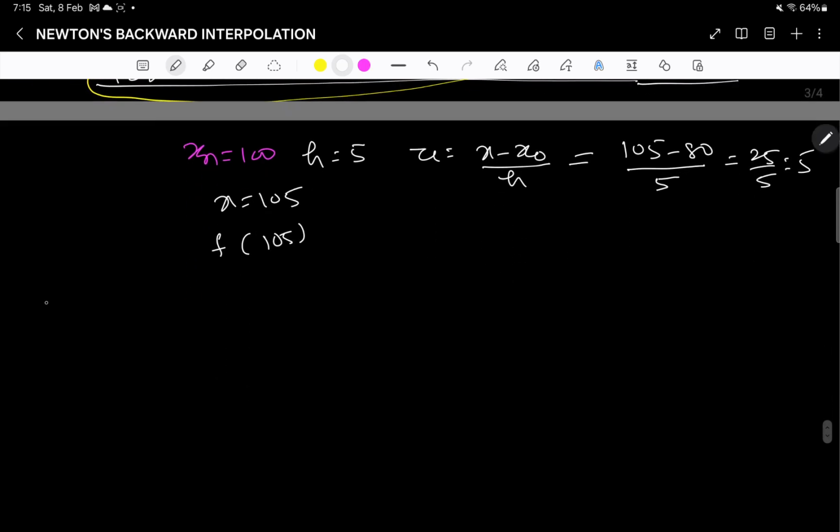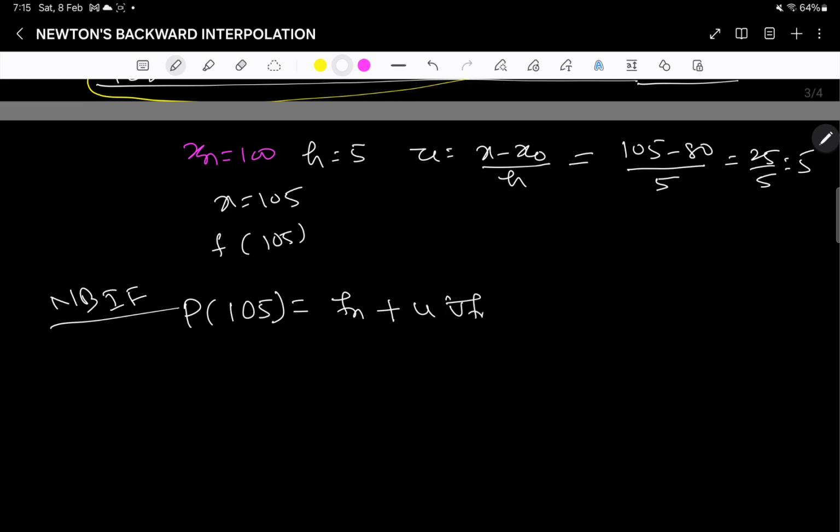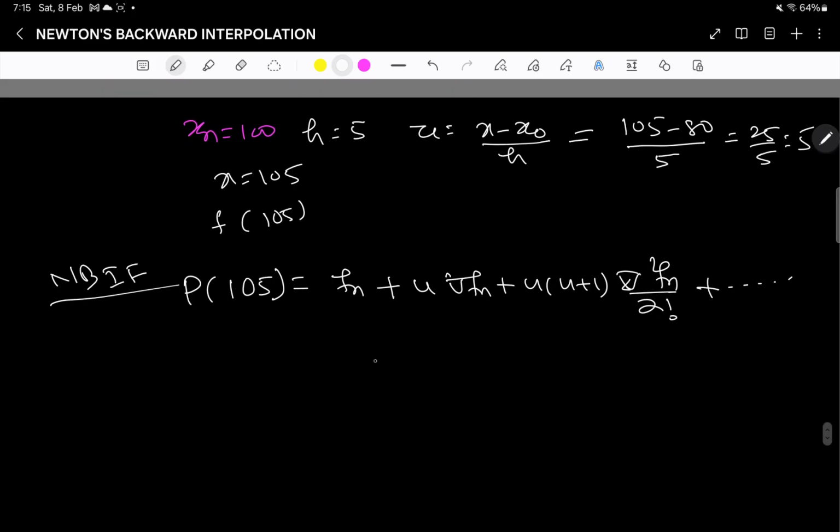Now you have your formula, Newton backward interpolation formula. So I can directly write P of 105 is equal to Fn plus U del Fn plus U into U plus 1 del square Fn by 2 factorial, and so on you continue, and you finally substitute all this thing here.